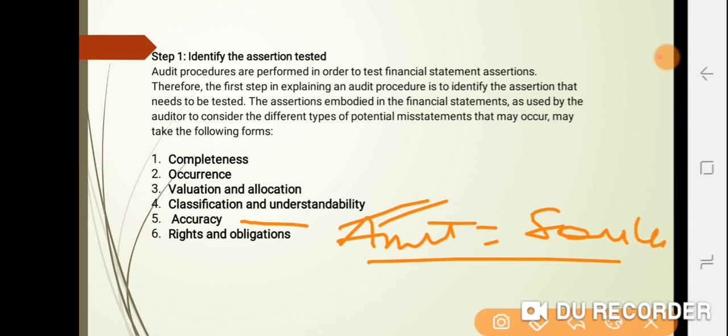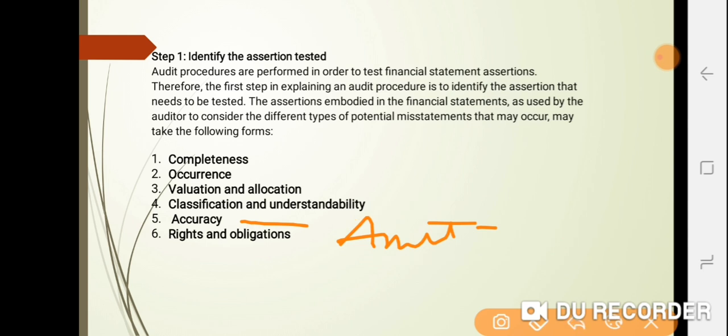Then we have rights and obligations. Rights and obligations means that the entity has a right to its assets. It is free to use or dispose of the assets as it sees fit. Okay, so the entity is obliged to pay off the liabilities that are shown in the statement of financial position. So here the entity should have a right to use the asset or to dispose of the asset if it is not fit for that particular organization.